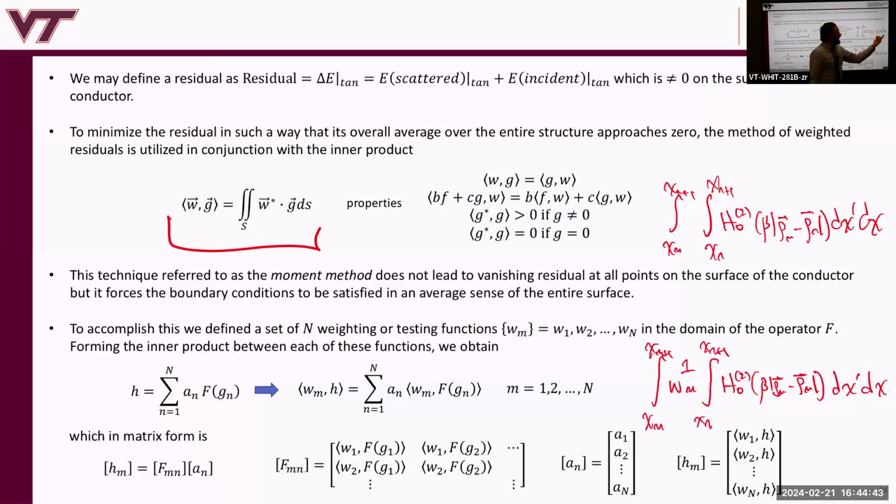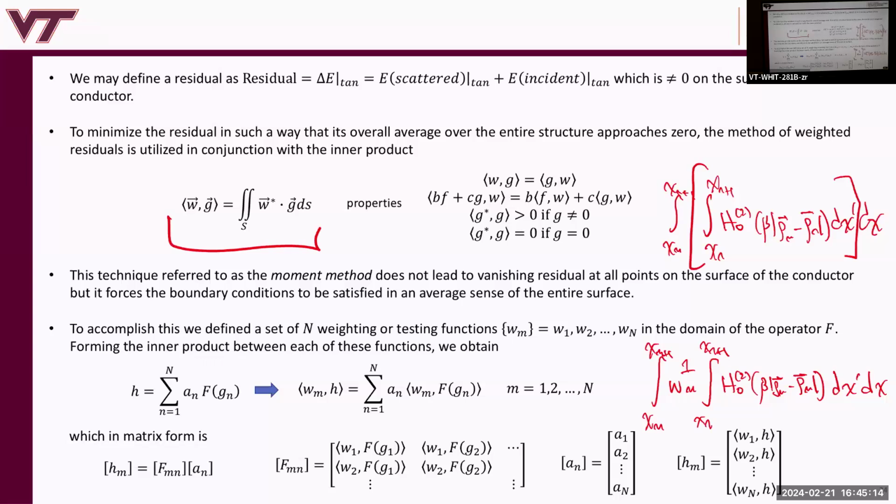The outer integration is averaging it over the domain of the test function, because now we're integrating over x_m, the mth pulse, which is the testing pulse. So we just take this result, and if I put it in brackets, it's the same as before. That other integral is an average. It's technically a weighted average, but the weighting function is a pulse of unit amplitude. Now we're averaging this result in the observation pulse instead of evaluating it at the center like we did here.